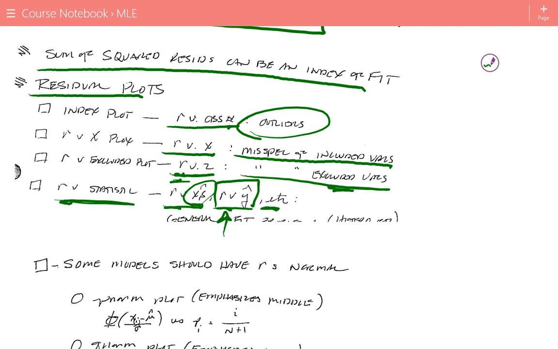You can also plot r squared with respect to different values, and the reason for that is to get a sense of how the conditional variation is a function of other variables. So there's a number of plots based on residuals that can be helpful. And again, your software will give you what they can do automatically, and if not, then you have to program it yourself. But if they have it automatically in your software, they'll probably in their guide give you some sense as to the utility of them and how to use them.